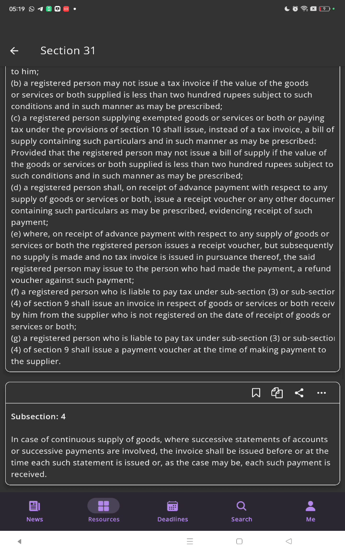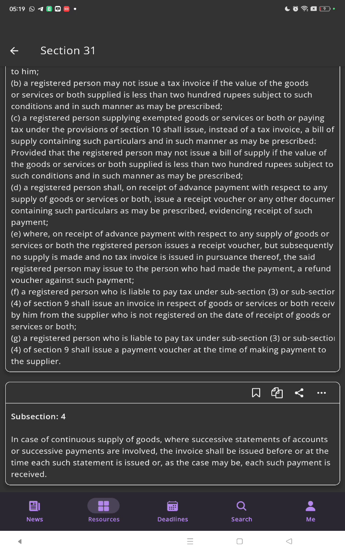Where, on the receipt of advance payment with respect to any supply of goods or services or both, the registered person issues a receipt voucher, but subsequently no supply is made and no tax invoice is issued in pursuance thereof, the said registered person may issue to the person who had made the payment a refund voucher against such payment.